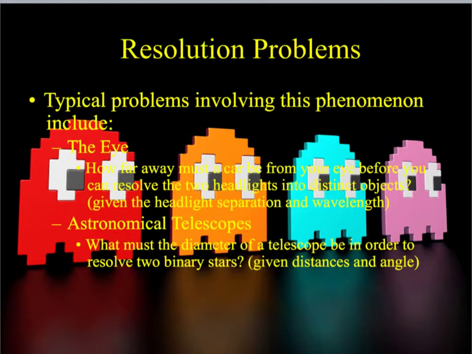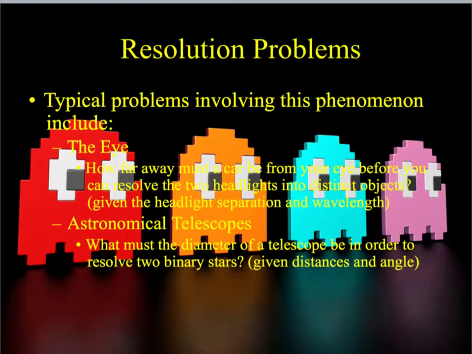Now, some typical problems that you're going to get related to this, you might have to figure out how far away cars must be from your eyes before you can resolve the headlights. And this is one where you can maybe think about it as you might see cars way down the highway.